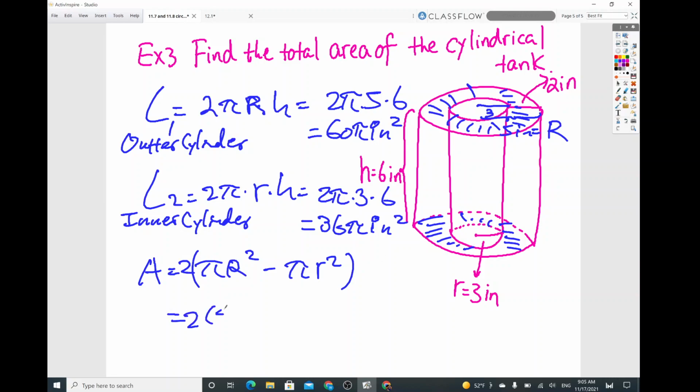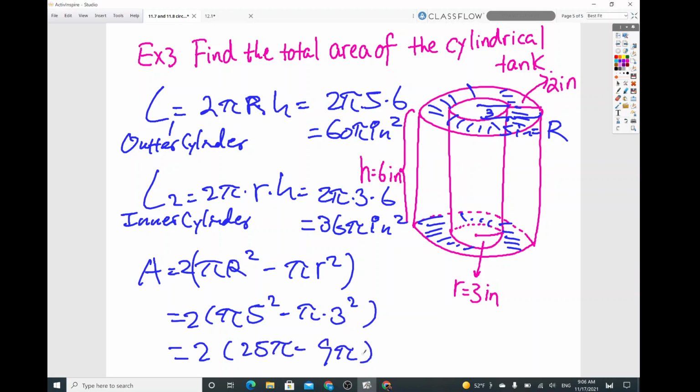So 2 times pi times outer radius 5, inner radius 3. So 25 pi minus 9 pi, that would be 16 pi. So it's 2 times 16 pi, and this turns out to be 32 pi. And the unit, again, square inches.